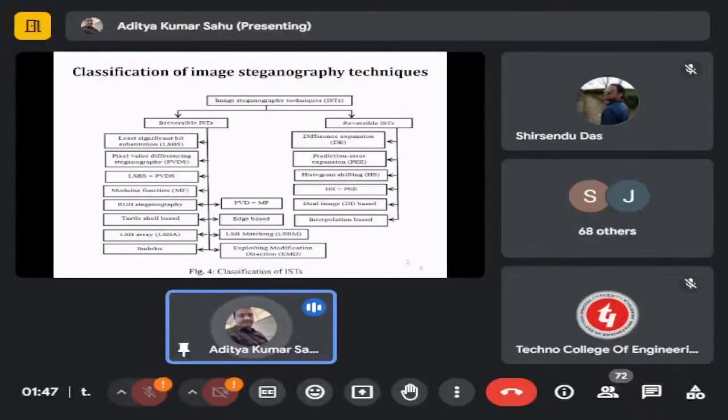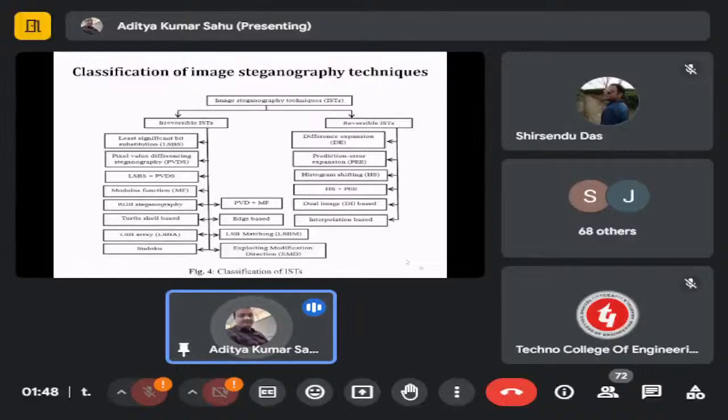In the case of irreversible techniques, there are some popular techniques like least significant bit, also called the LSB technique for short. Pixel value differencing, in short called PVD techniques. A combination of both of these, LSB plus PVD. And we have a modulus function technique, MF.